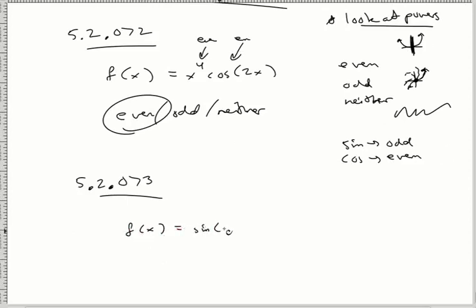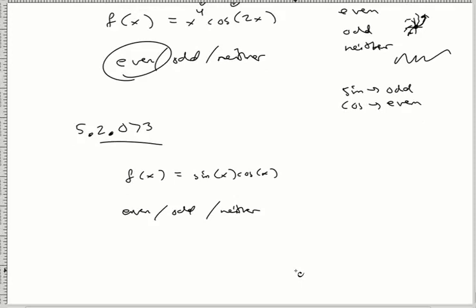Last one, I got sine of x times cosine of x. And they're saying, is this even, odd, or neither? Okay, this one was a strange one for me. Apparently, the answer is odd. I'd almost have to look at a graph to make sure why that works.